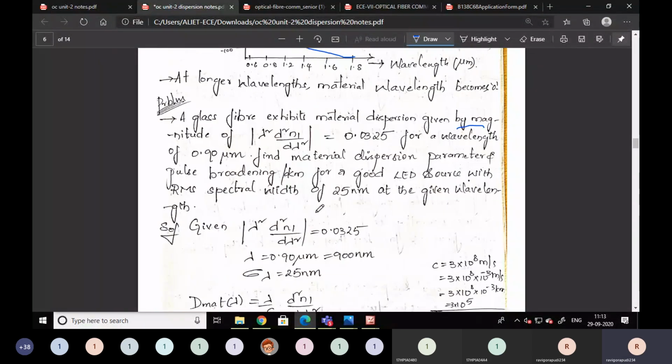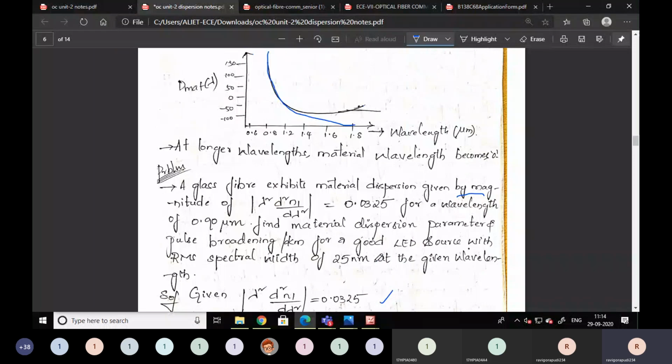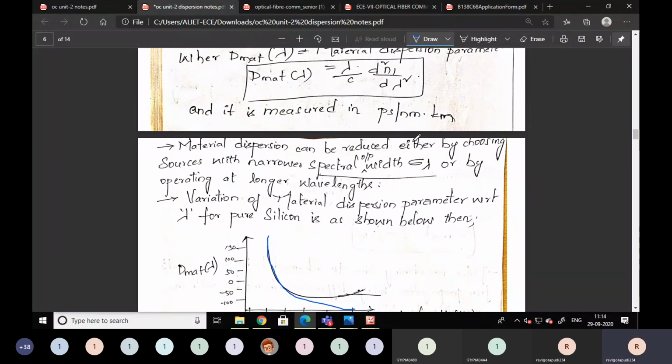So what are the given values you can write? He has given material dispersion magnitude, lambda square d square n1 by d lambda square is equal to 0.0325, and the lambda is 0.90 micrometer, or 900 nanometer. Why I am taking nanometer is, what are the units for dispersion? Picoseconds per nanometer kilometer.